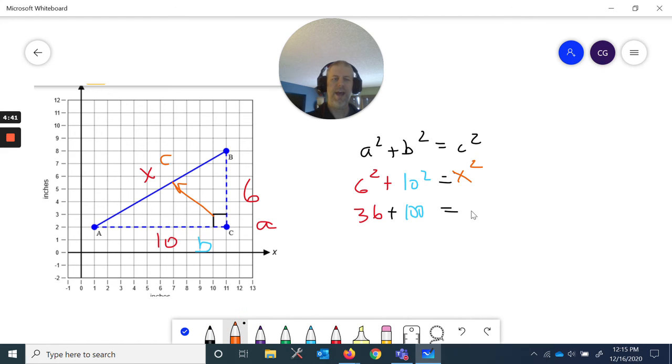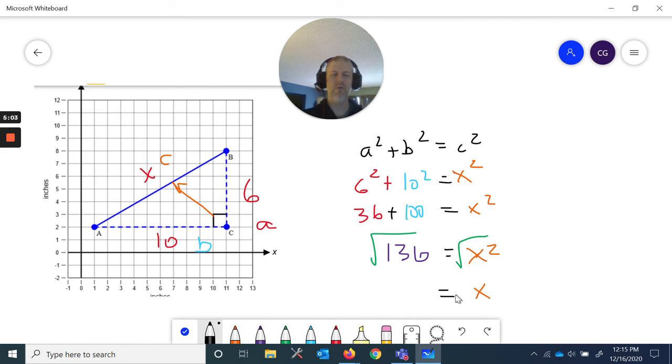Don't forget to add together the 36 and the 100 to get 136. That equals my x squared. Lastly, remember the inverse or opposite of squaring something is to take the square root. So I'm going to take the square root of 136 in my calculator in just a second, and we'll get our answer.